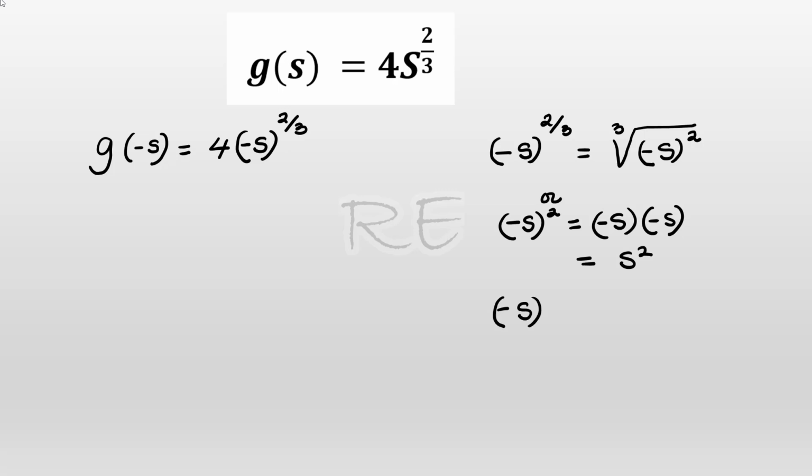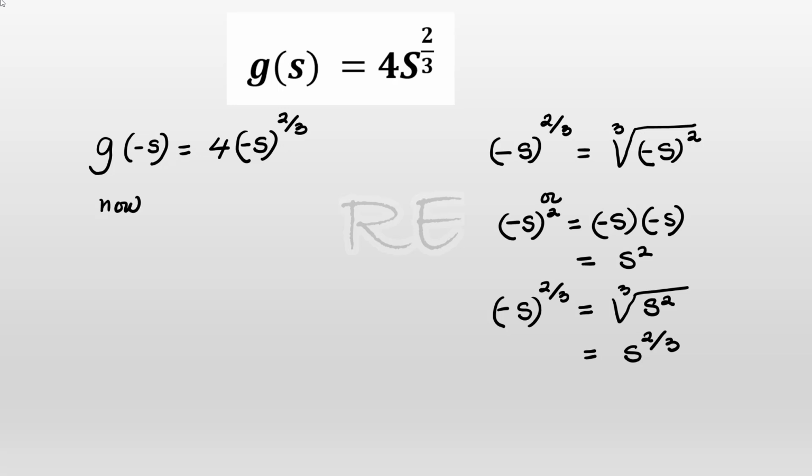Therefore, (-s)^(2/3) is equal to the cube root of s squared, which is equal to s^(2/3).